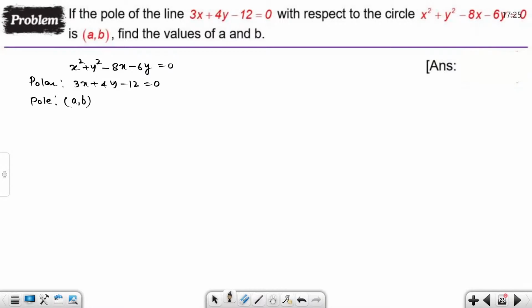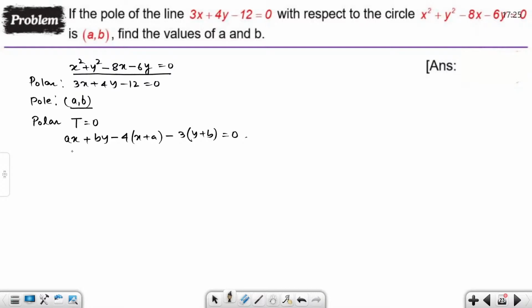Simple. So we will find the equation of the polar from the given equation of the circle and the pole by using the equation T equals 0, which is ax plus by minus 4x plus a minus 3y plus b equals 0, correct?